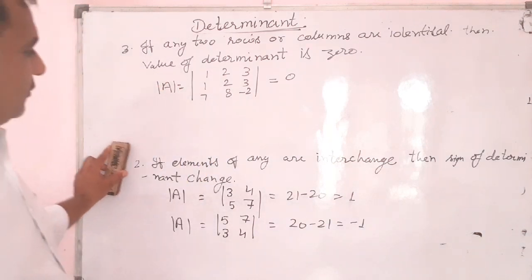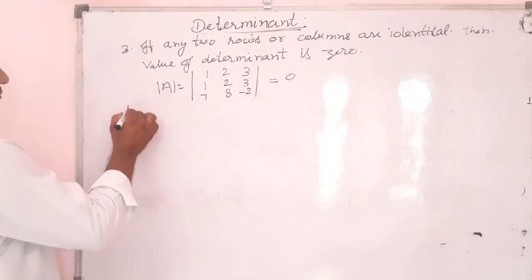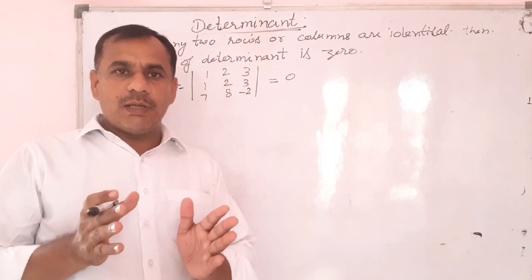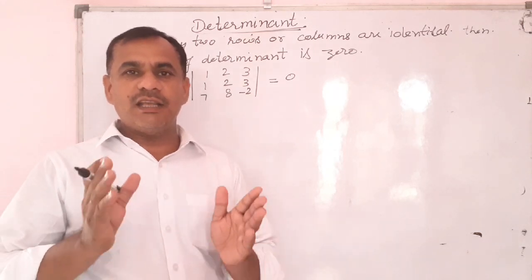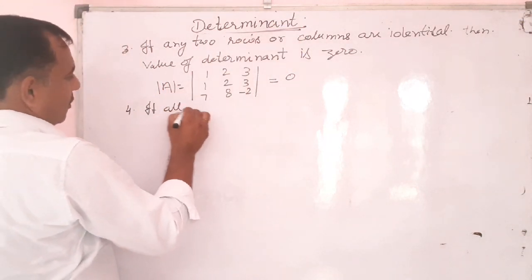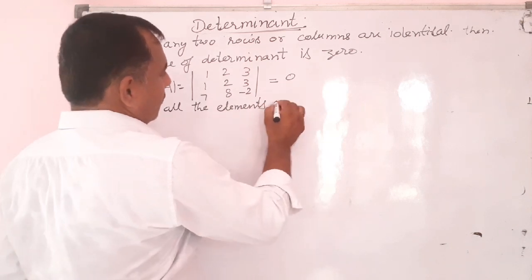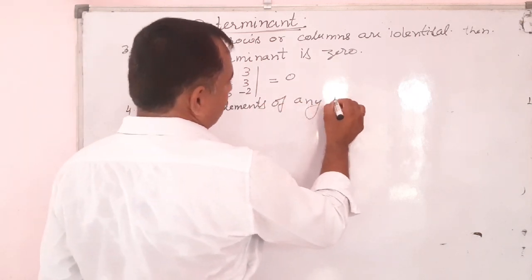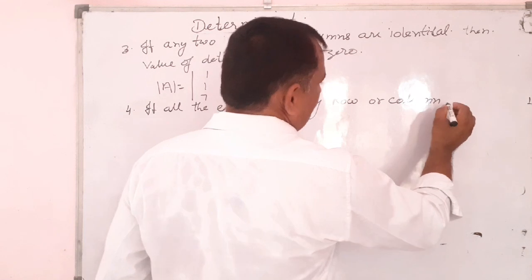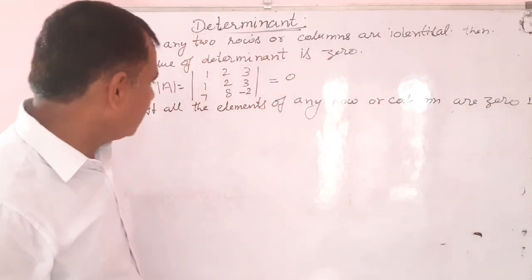Next, property number 4 is: if all the elements of any row or column are 0, then value of determinant is 0.